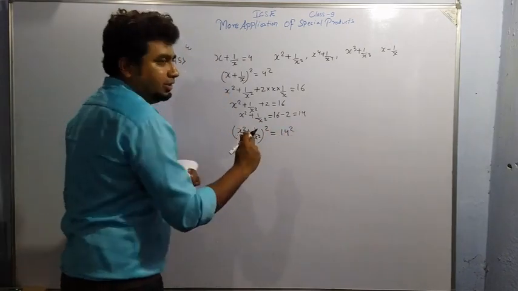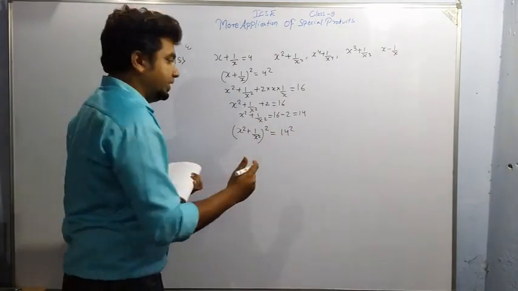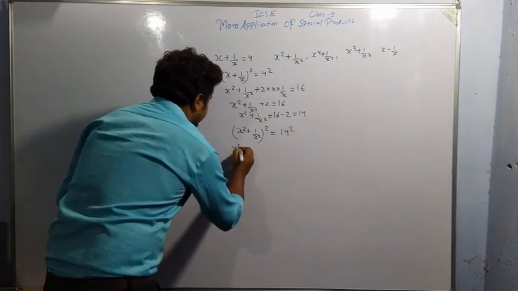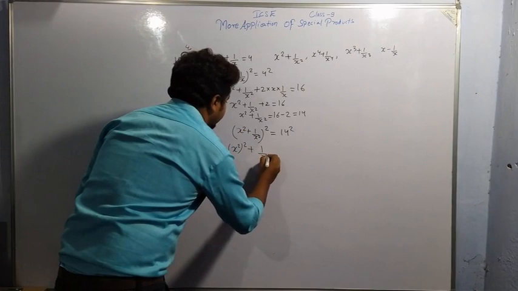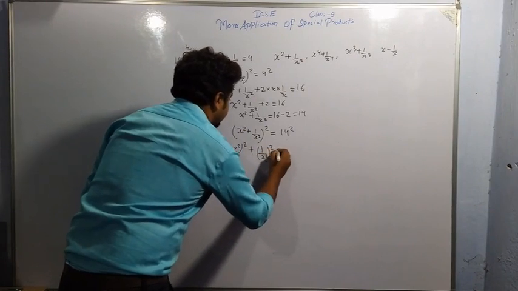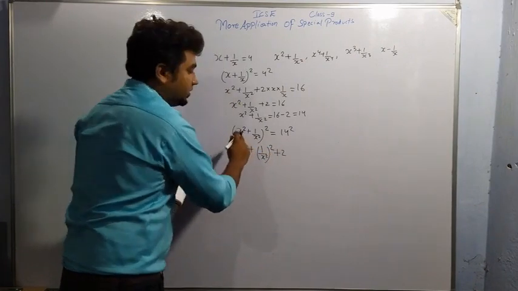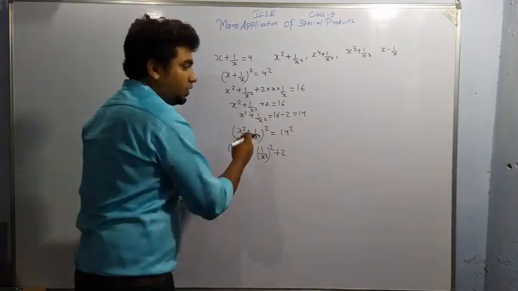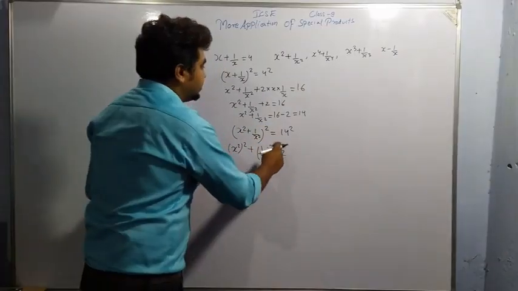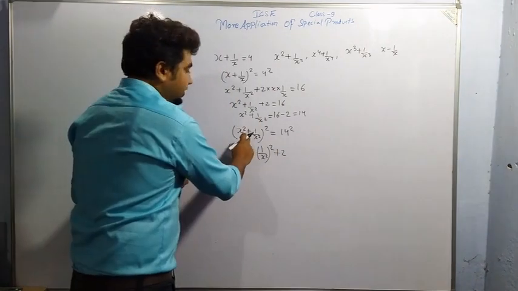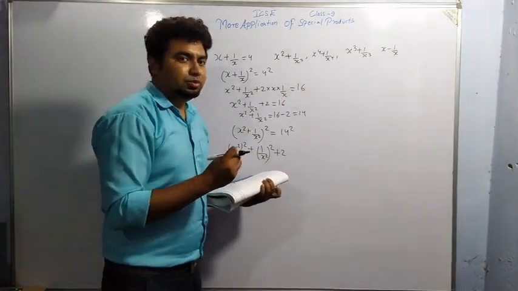So from here again this is of the form a plus b whole square. So x square whole square plus 1 by x square whole square plus 2. Whenever the numbers are reciprocal of each other, as x square and 1 by x square are, we'll be getting either plus 2 or, when the sign is minus, minus 2.